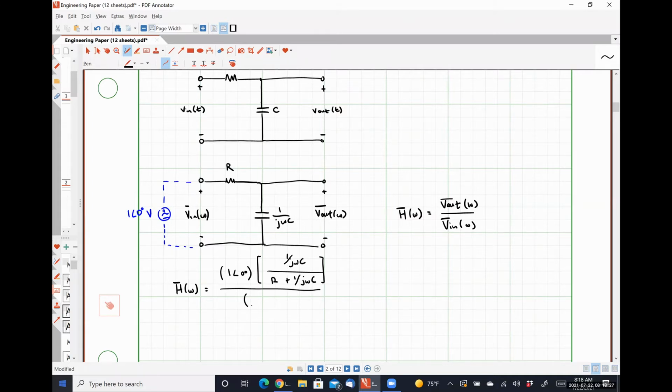And then we would divide by Vin, which is 1 angle 0 degrees volts.